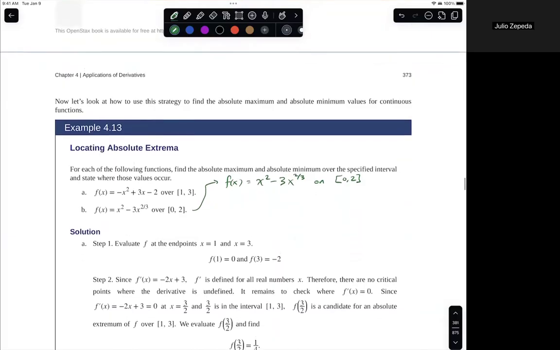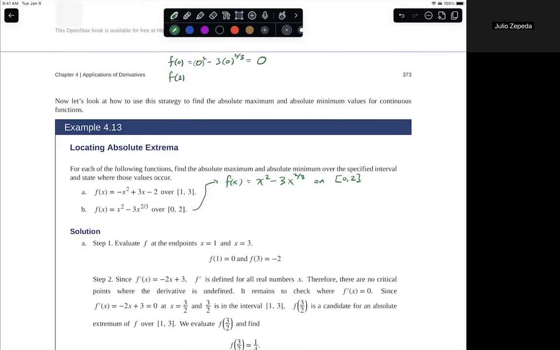We're told that the absolute maximum might occur at the endpoint. So we should evaluate f at 0. That's going to just be 0. What's the other endpoint? 2.